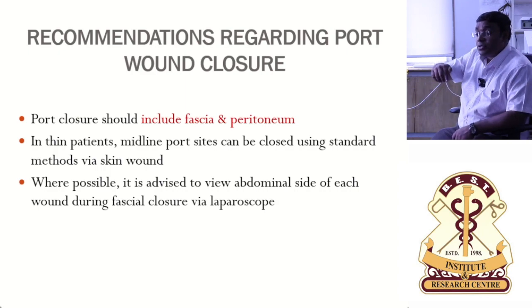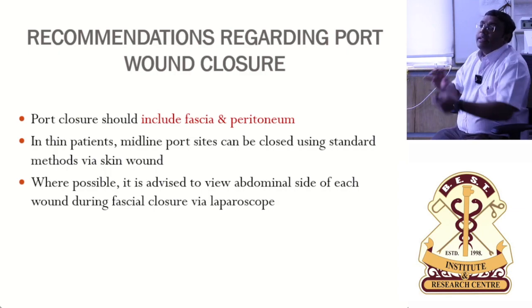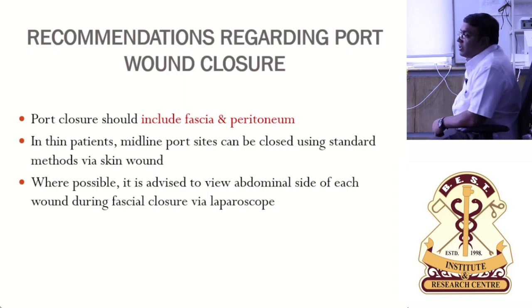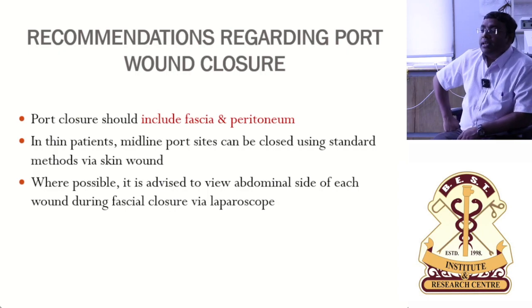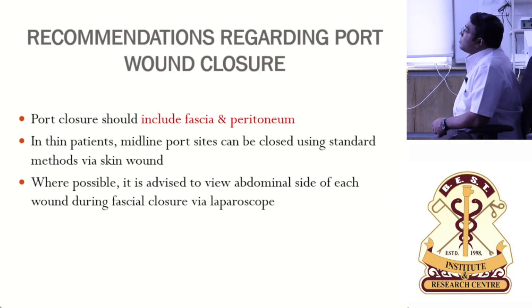Then again introduce at the other cut edge, go inside, catch hold of the thread of the other free end, bring it out and then tie it using the Carter-Thompson needle.